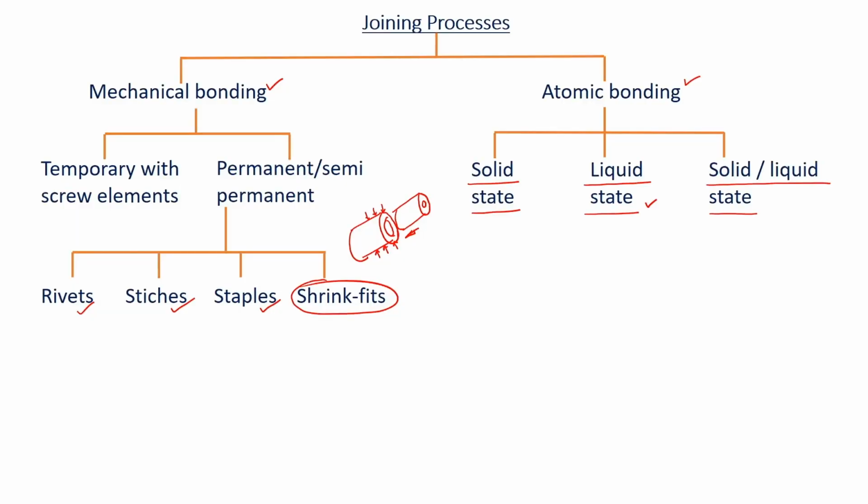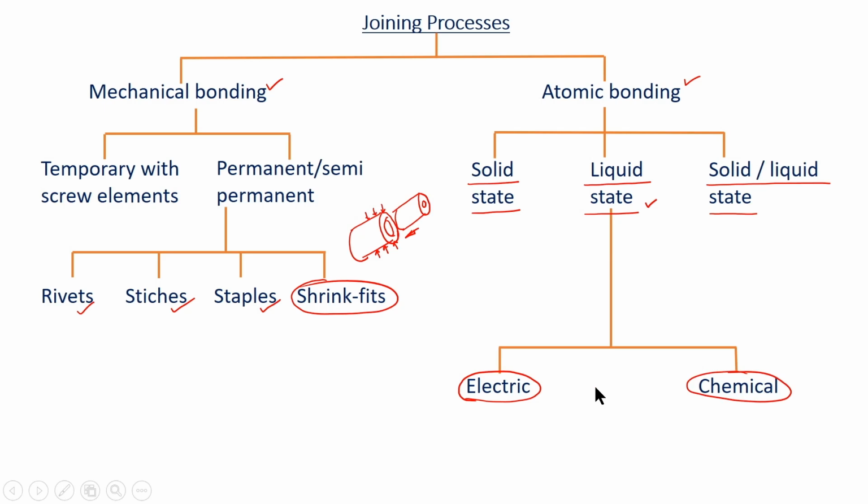So, that is a solid liquid state atomic bonding process. The liquid state bonding can further be classified into two groups. First is the application of electrical energy to liquefy the material, and the second group is application of chemical energy to liquefy the material.